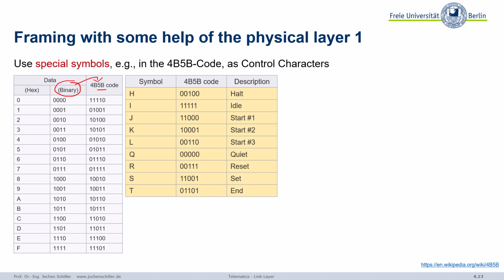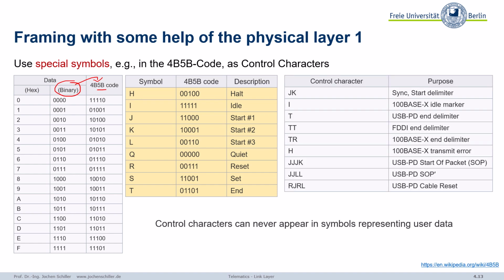And now what is the trick? We now use combinations of these otherwise unused symbols for telling, oh, this is the start of a frame. This is the end of a frame. So for example, if we combine J and K, where J is 1, 1, 0, 0, 0 and K is 1, 0, 0, 0, 1, then this is a start delimiter.